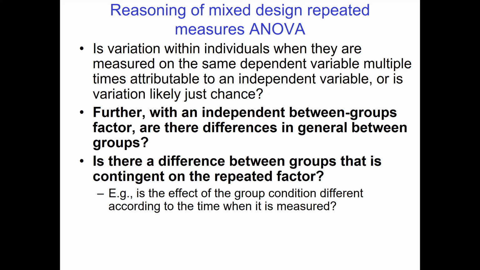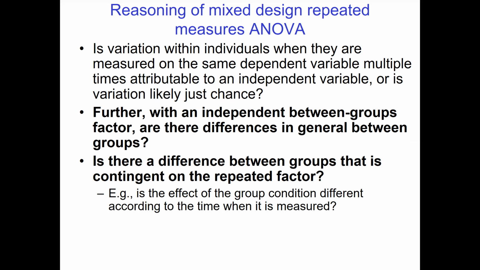So you, first of all, can look at the typical question in a simple repeated measures ANOVA, the within subjects effects, and that is the same as before: is variation within individuals when they're measured on the same dependent variable multiple times attributable to that time variable or the dosage variable or whatever else you have as your repeated measure? So basically, is there change across the repeated measures that is not likely due to chance?